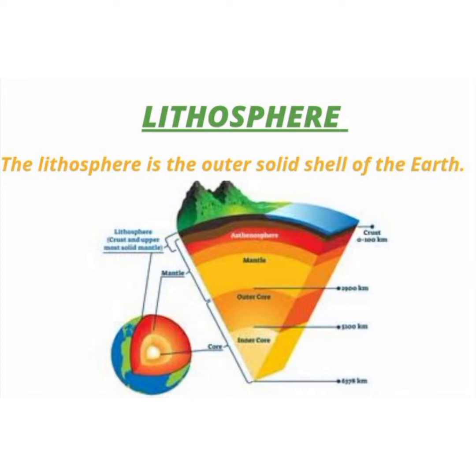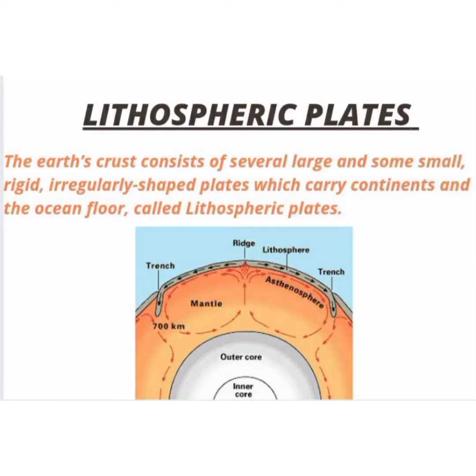Lithosphere. The lithosphere is the outer solid shell of the Earth. And what are lithospheric plates? The Earth's crust consists of several large and small, rigid, irregularly shaped plates which carry continents and the ocean floors, and these are called lithospheric plates.